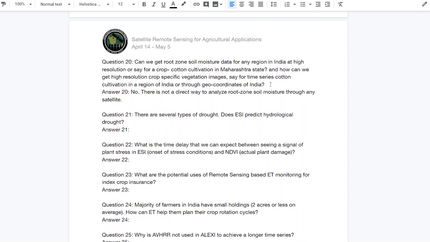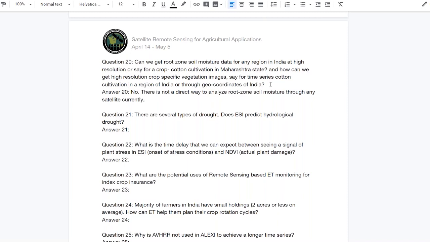Also, it's been shown that CYGNSS, which was essentially going to be an ocean wind type mission for tropical systems, using reflected GPS signals, is also a relatively unique way of estimating high resolution soil moisture.